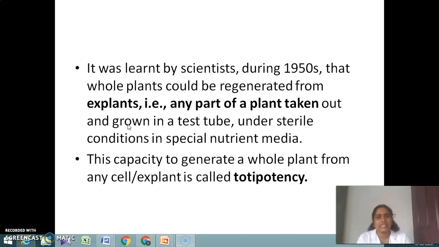Children, do you remember the stem cell technology we had discussed last year? Totipotent cells. We can use totipotent cells to produce organs or tissues, any tissues or cells. Nowadays, there are a lot of stem cell collection companies, isn't it?